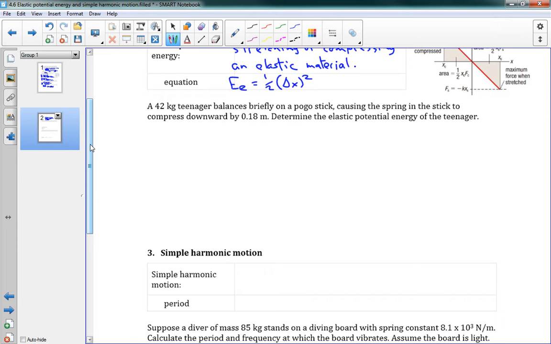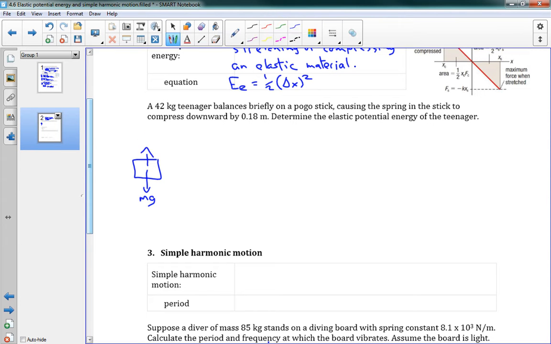Okay, so this teenager is balancing here. So again, the forces are going to be balanced, which means that we can draw a little free body diagram, and we can say that this teenager has mg force downwards, and that's going to be balanced here by our Fx.